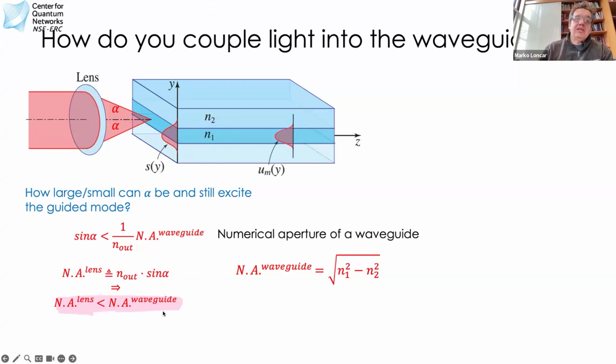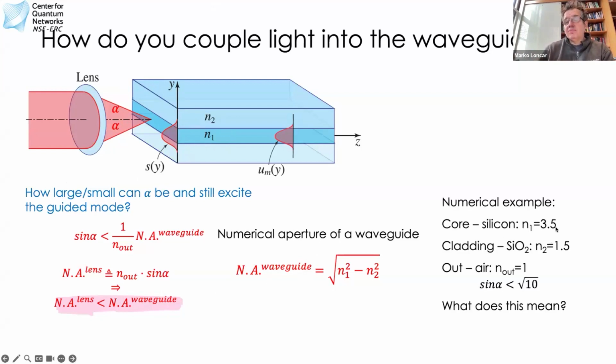aperture of the waveguide, which incidentally is not too difficult because the numerical aperture of a typical waveguide that we will consider is very large, and the numerical aperture of the waveguide can be written like this. So for the kind of examples that we will often consider, a refractive index of a core, let's say silicon is 3.5, cladding, if it's glass, is 1.5.